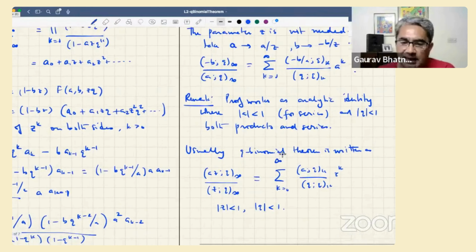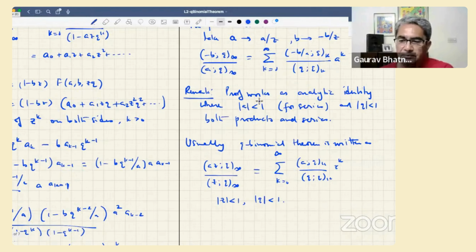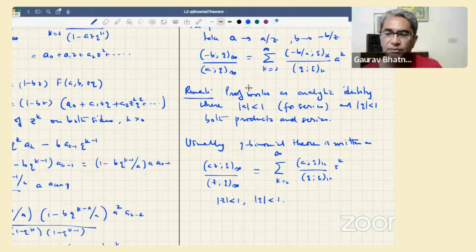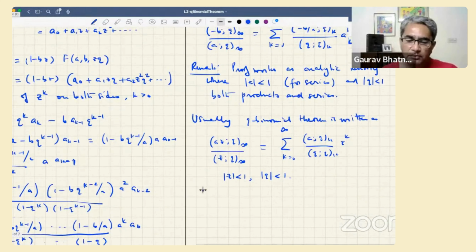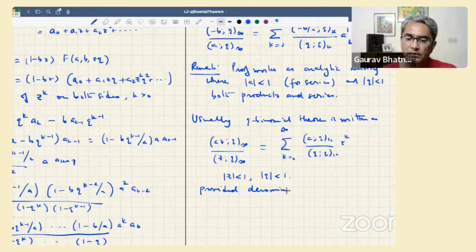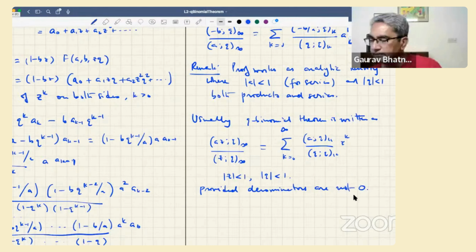Ramanujan wrote it slightly differently. He liked to keep these products like this, and it's useful for us later to keep this form because we want to see what Ramanujan did. Both sides work out, provided the denominators are never 0 on either side.